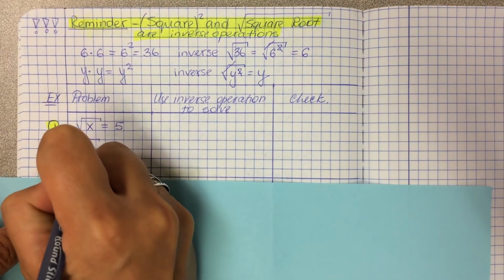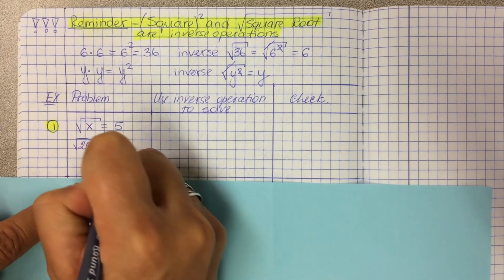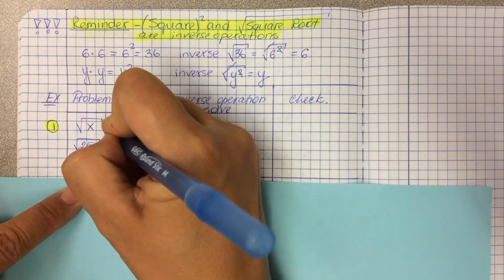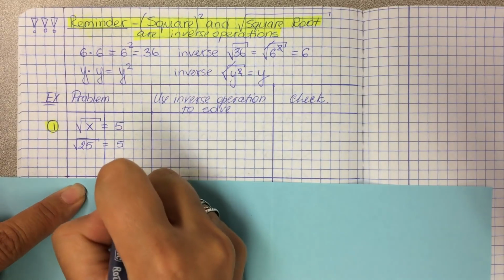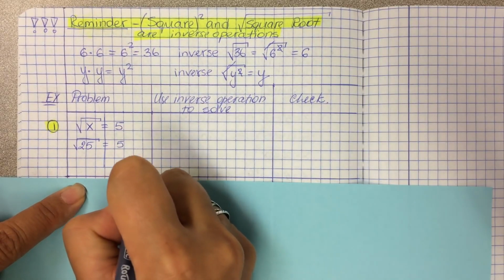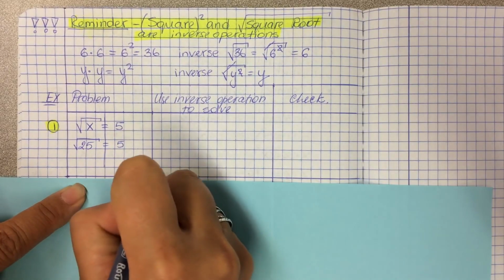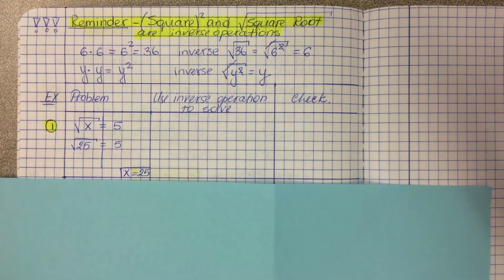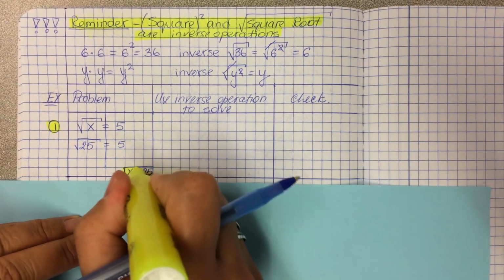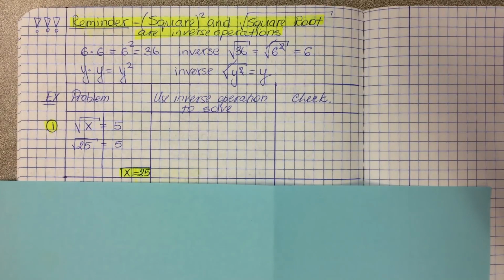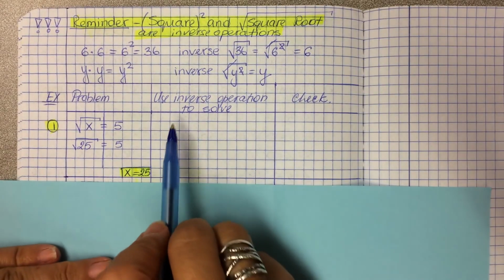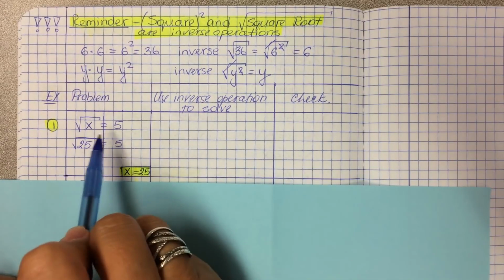Square root of 25 equals 5. Therefore, the value of x has to be 25. Why? Because square root of 25 is 5.